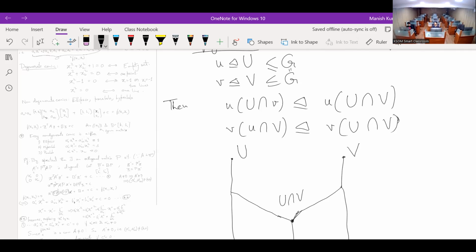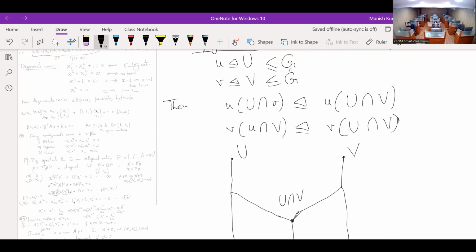First of all, the product is a group because small u is normal in capital U, so of course it's normal in U intersection V. If you think of the product as inside U, then it makes sense that it is a group.